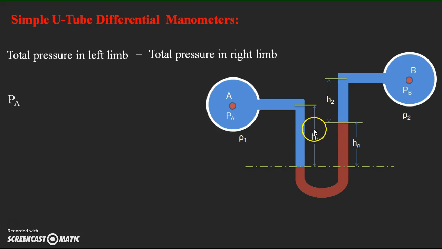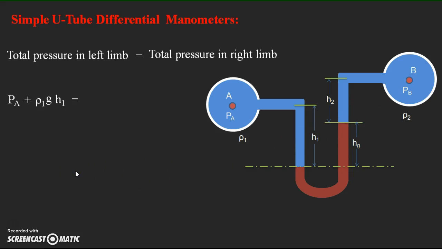Okay, so according to the H1, from the hydrostatic law, we can write PA plus, for the liquid which is in the left limb, the pressure can be written as ρ1 G H1, which is again from hydrostatic law only, and that is equal to... see, here only two pressures: one is the pressure already acting in the pipe, and another one is the liquid present in the left limb. Okay, and the sum of these two can be equal to the pressure acting in the right limb.